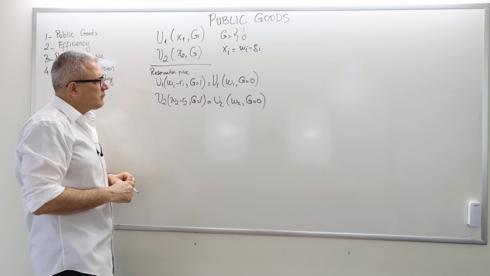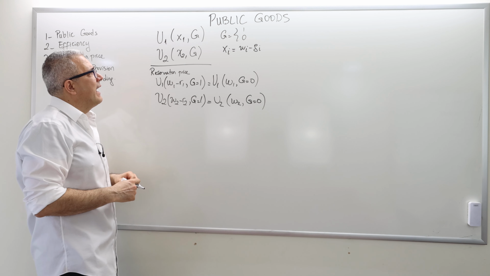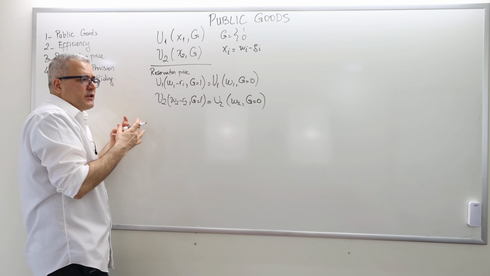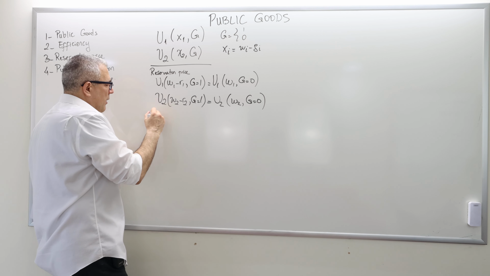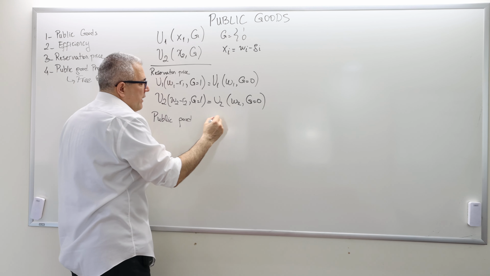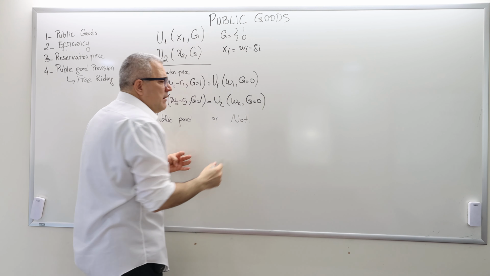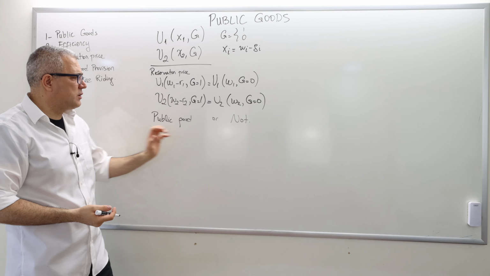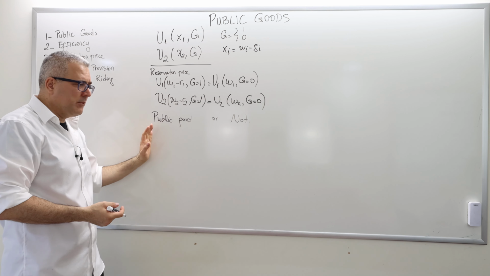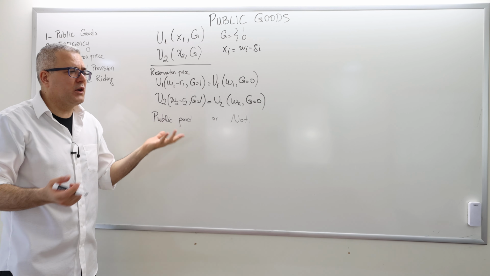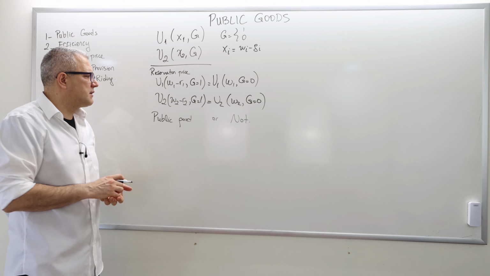Okay, so what I will do now is, remember there are two situations: a public good or not. What I mean is we implement the public good versus we don't implement, or we build the public good versus we don't build the public good. Remember, the public good costs C dollars.